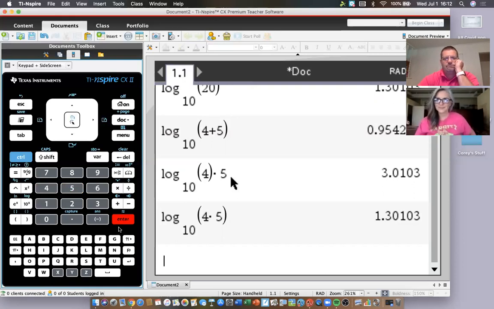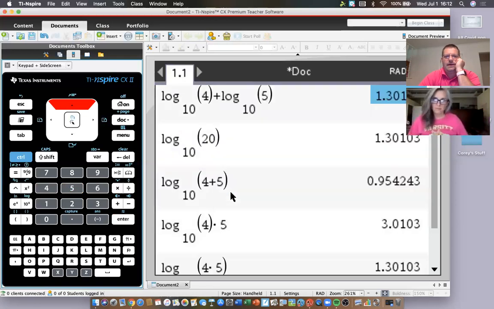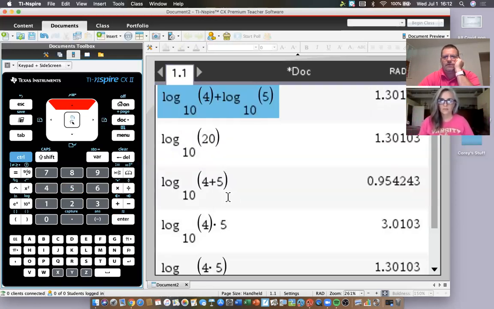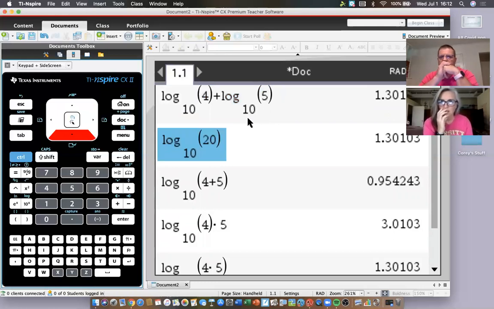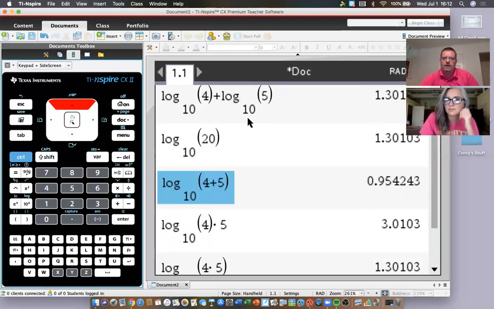But now, what's the relationship between this one I've got highlighted in blue, the connection? What do you notice between that and this? They kept the base. Yeah, the base. And we didn't do 4 plus 5, because that would have been 9, and it would have ultimately been log of 9, right?